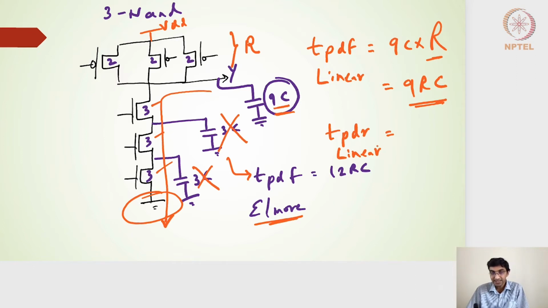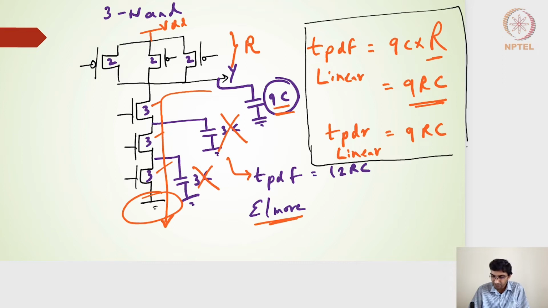So the rising delay using the linear delay model is also 9 RC. So effectively, the propagation delay rising and falling in the linear delay model, if we consider the gates to have the equal rising resistance and falling resistance as that of the 2:1 unit inverter, we should get both the propagation delays the same.